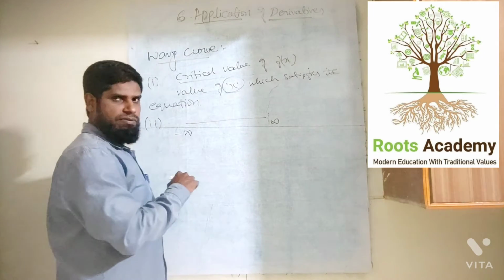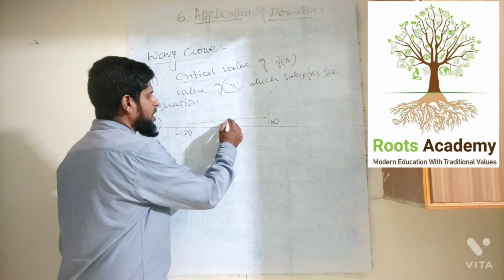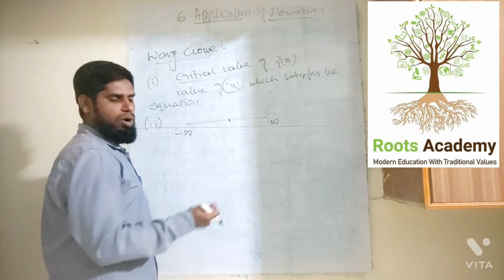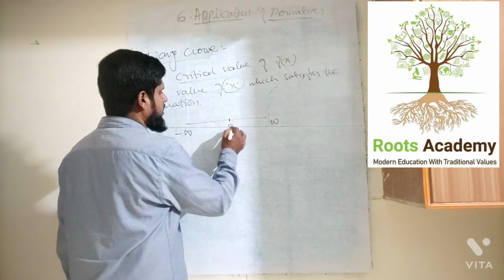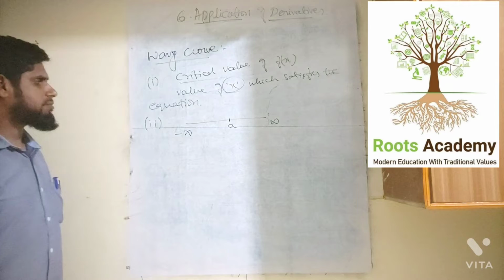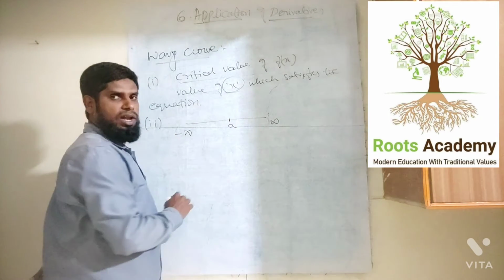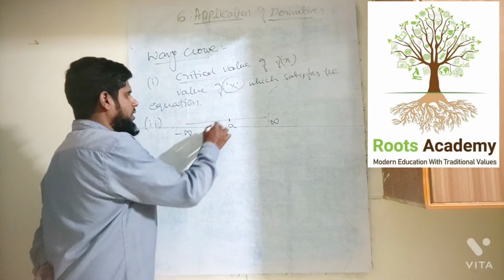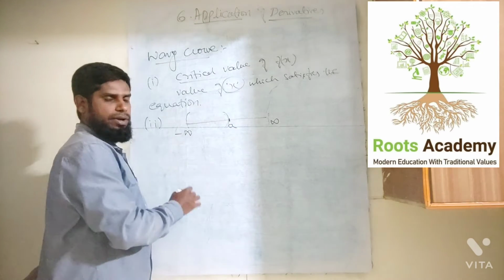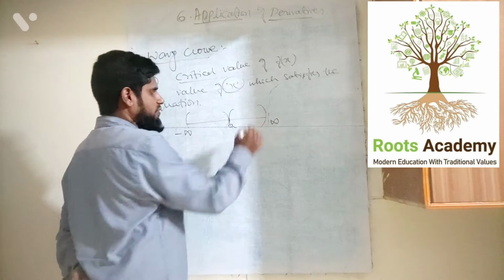If it is a positive value, we will mark it somewhere near the positive infinity. That is considered as A. Then with this one critical value, I got two intervals. One is from minus infinity to A, the other is from A to plus infinity.